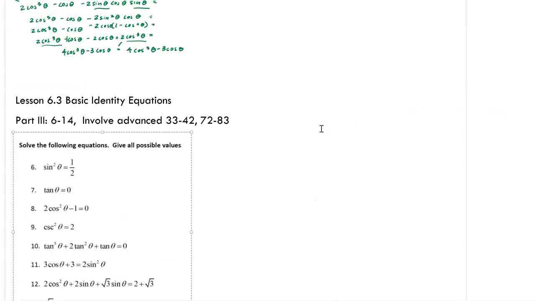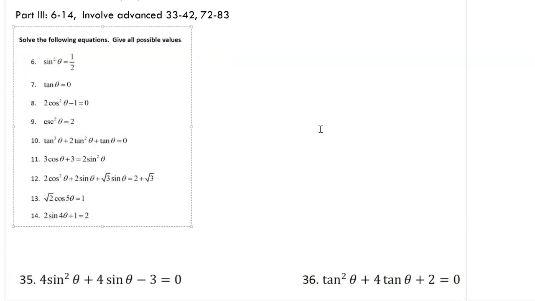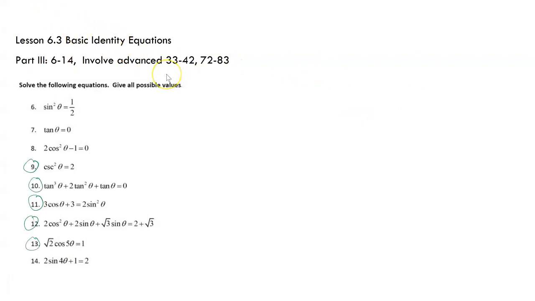Problems 33 through 42 and 72 through 83 are going to involve the advanced sum and difference and the double angle. I'm just going to do these circled problems. Okay, number 9.